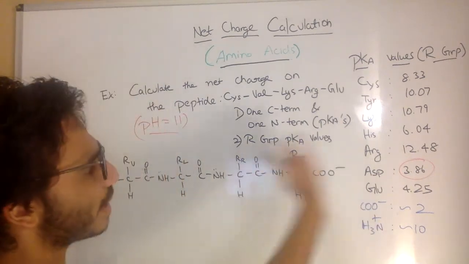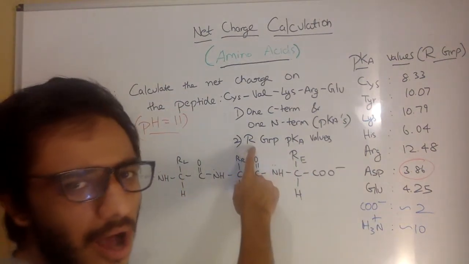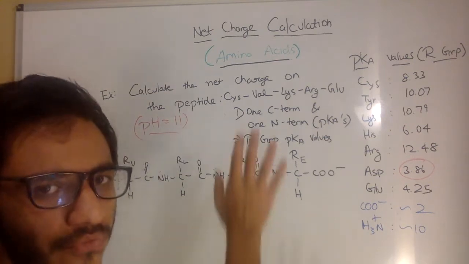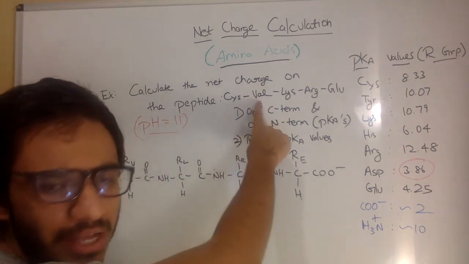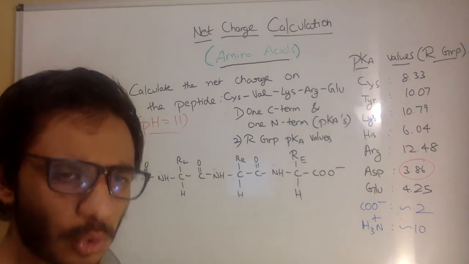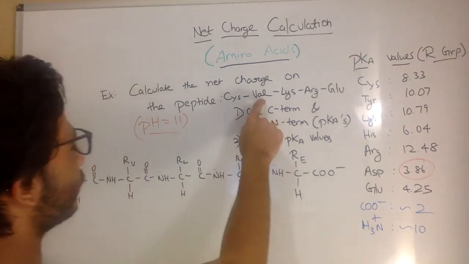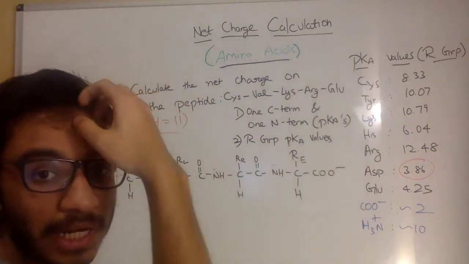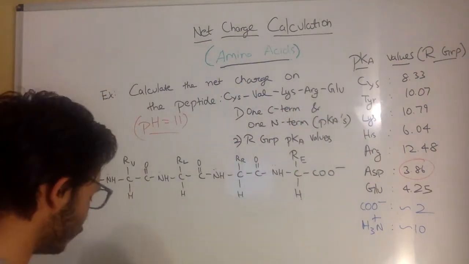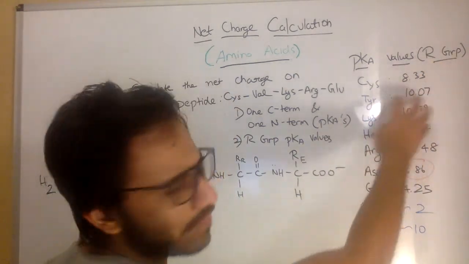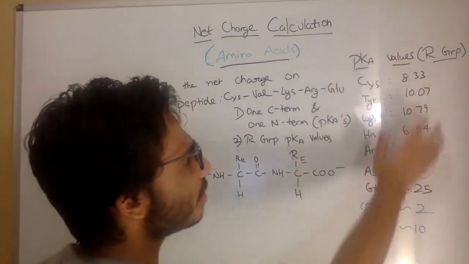Now let's go on to the second step. Now we need to consider the R group pKa values. We can ignore valine over here, because we know that it's a neutral amino acid, right? So we don't need to consider its R group, but we'll consider the rest of the four. Let's start with cysteine. I wrote the pK values over here in this table.